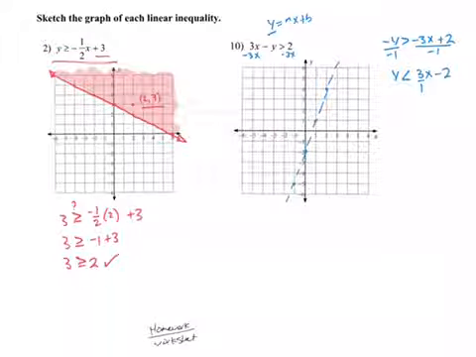Like so. Not a solid line or you'll miss points on this, but a dotted line. Now it says that y is smaller than that, so this is going to be everything below this line. So I'm going to shade down here.